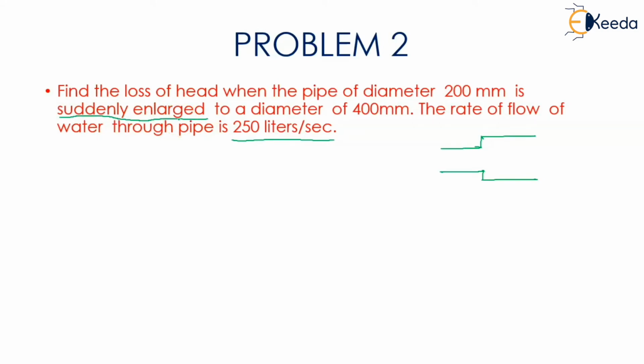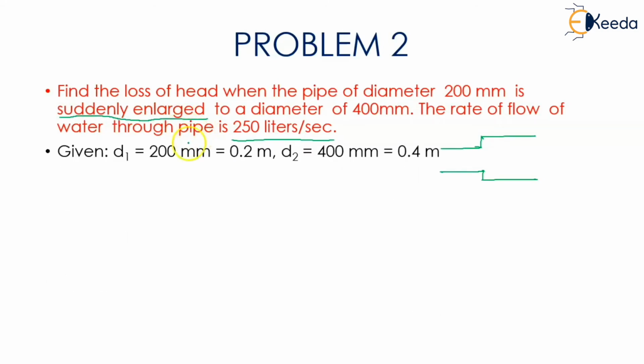Now if we look at the given data, the initial diameter d1 is equal to 200 mm, which is equal to 0.2 meters. d2 is 400 mm, which is equal to 0.4 meters.